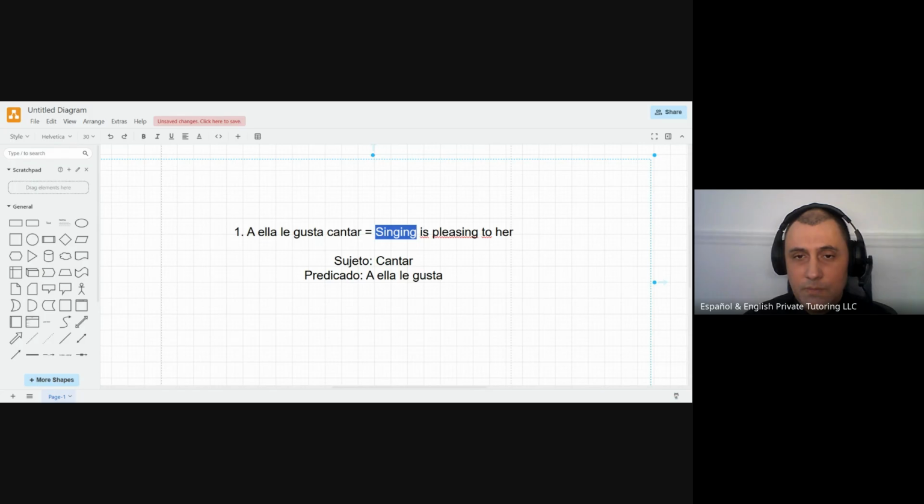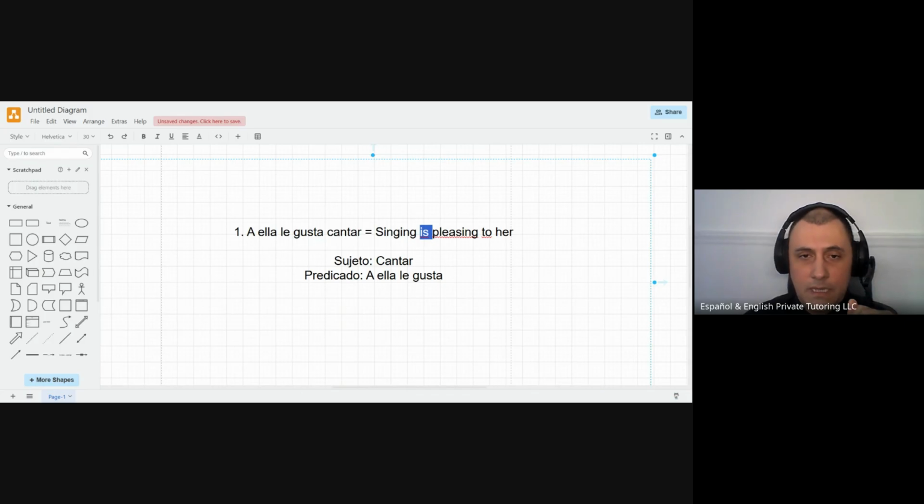So this verb is acting as a noun, then we can conjugate the verb according to this noun. Nominal verbs are always considered singular and third person. So we have to conjugate the verb in third person singular.